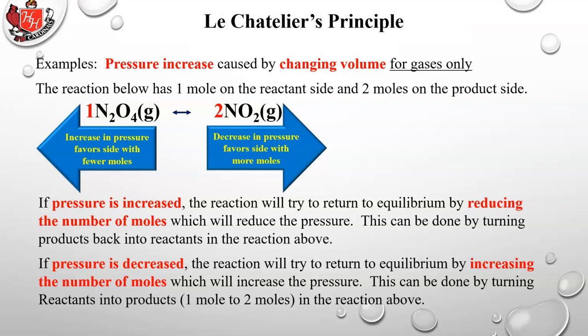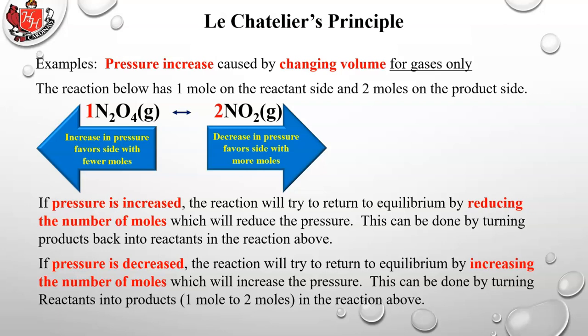So if pressure is increased, the reaction will try to return to equilibrium by reducing the number of moles, which will reduce the pressure. This can be done by turning products back into reactants in the reaction above. If the pressure is decreased, the reaction will try to return to equilibrium by increasing the number of moles, which will increase the pressure.